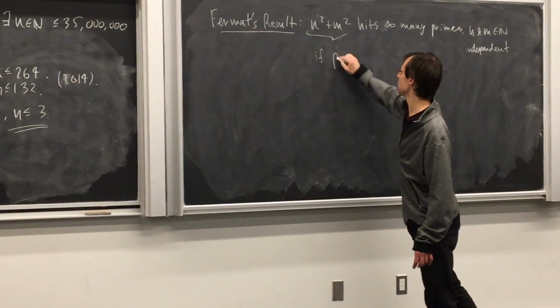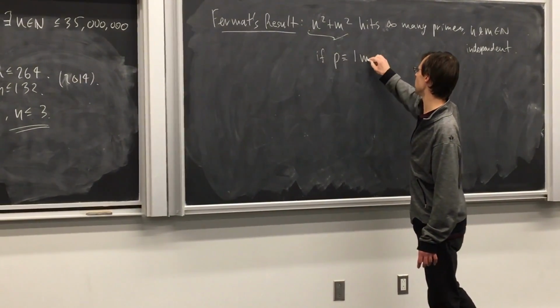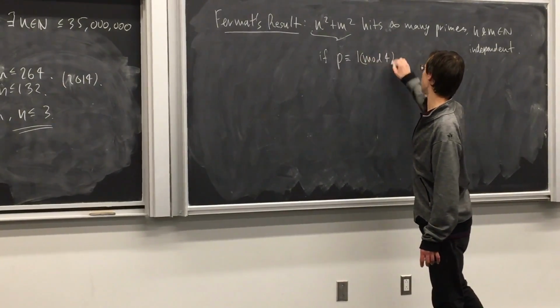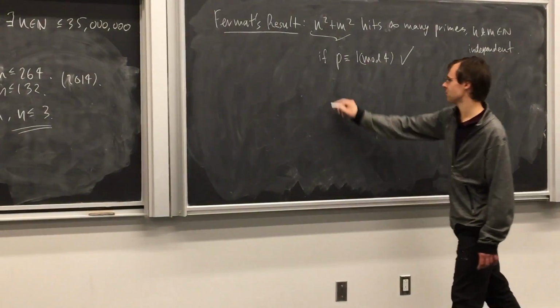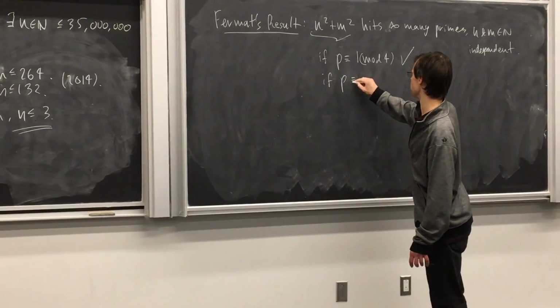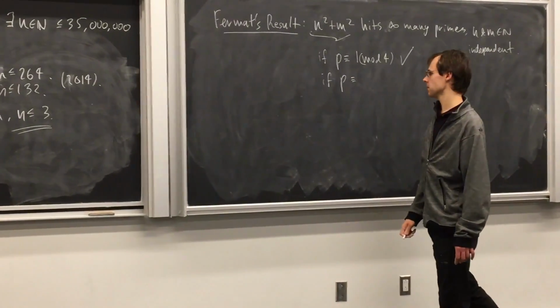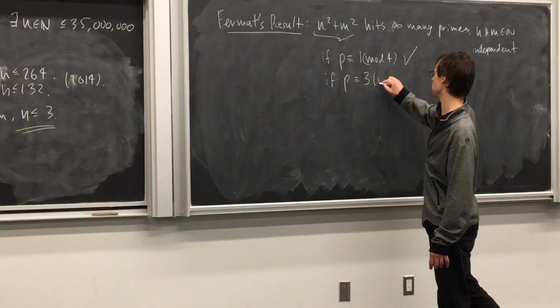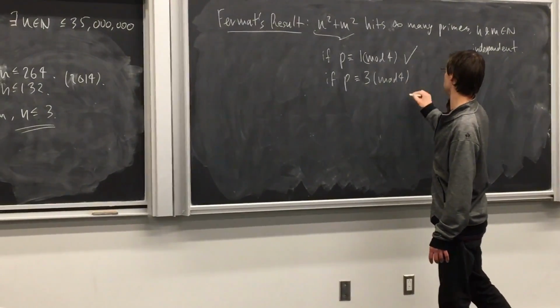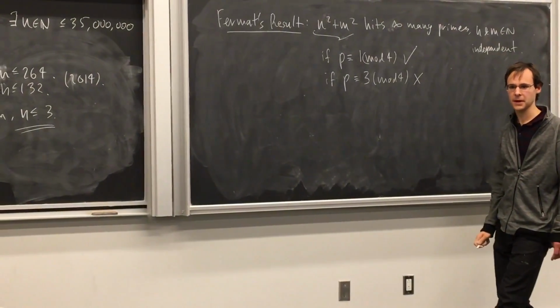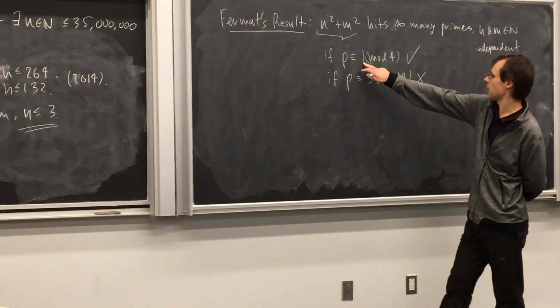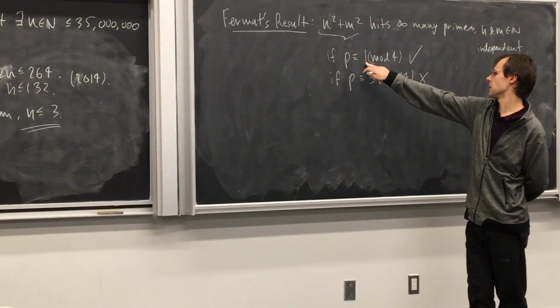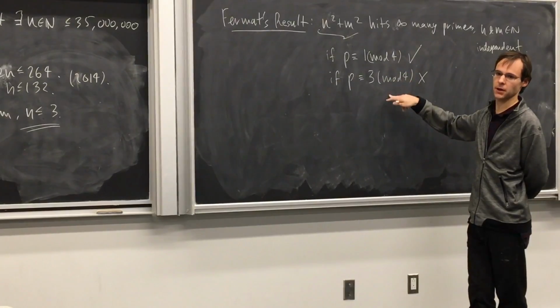If p is equivalent to 1 mod 4, then we're good. If p is not equivalent to 1 mod 4, so the only other possibility is that it's 3 mod 4, then no. So only if the prime leaves remainder 1 upon division by 4, but not in the other case.